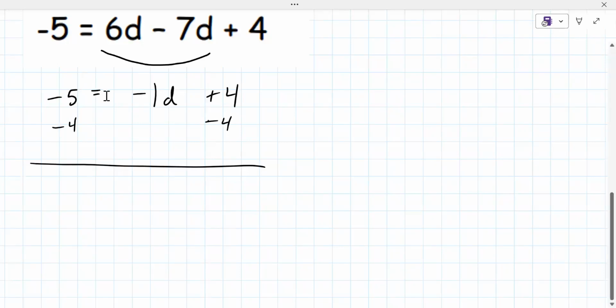So would it be negative 9? Would you add and keep the same sign? Yes, exactly. And then you would divide both sides by negative 1.